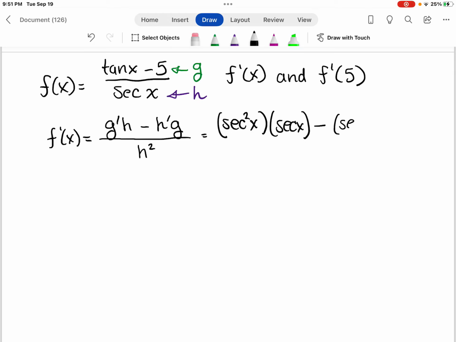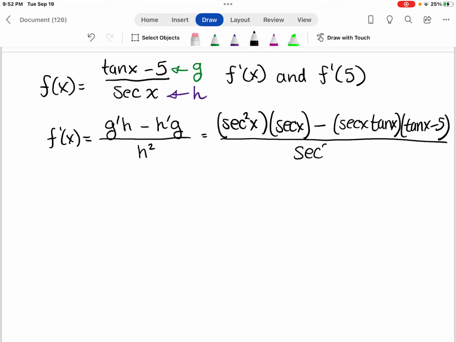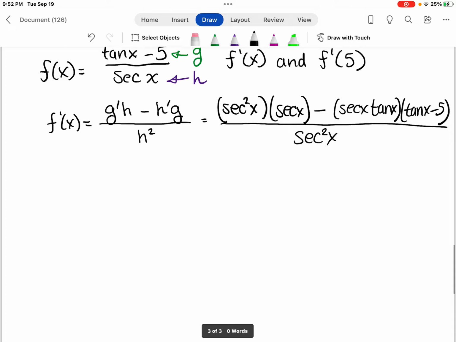The derivative of h is secant x tan x. And then I have to multiply that by g, which is tangent x minus 5. Okay, and then that's all going to be over h squared, so that's secant squared.